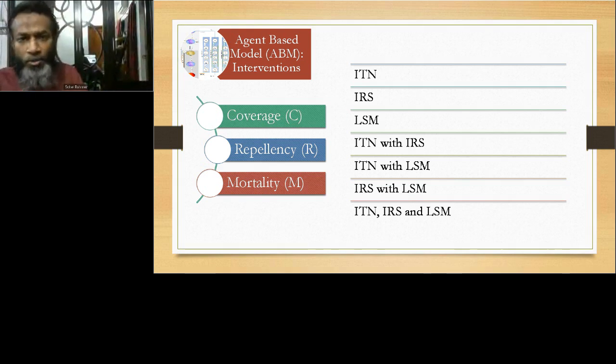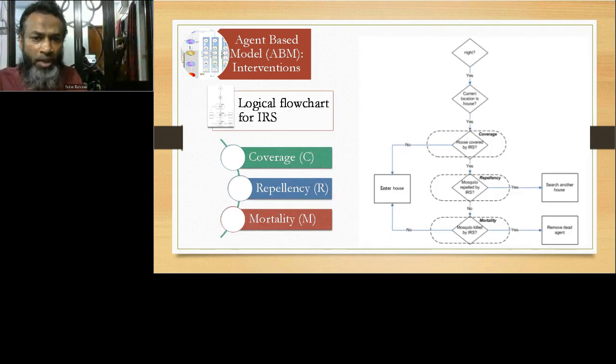So here I have just shown a logical flowchart for the IRS. The interesting point that we have to understand is that these three main interventions work in three different stages of the mosquito. For example, IRS works in the blood meal digestion stage.